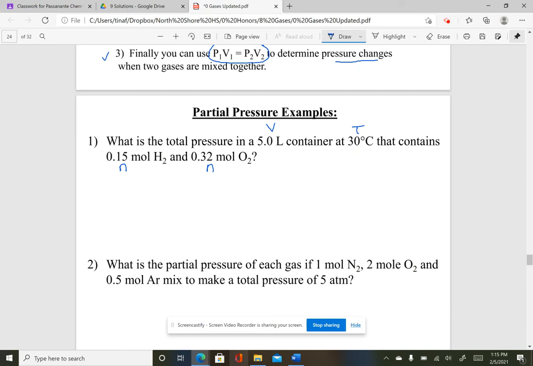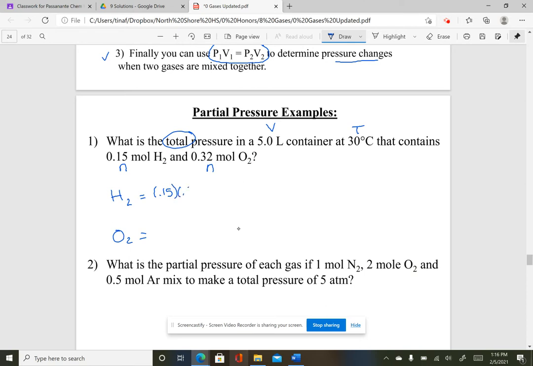I want to use PV equals nRT, or really, I would use P equals nRT over V because I want to solve for P. I want to write down what my two gases are. I need to find each partial pressure separately, and then I can add them both up to get my total. For hydrogen, I have 0.15 moles.